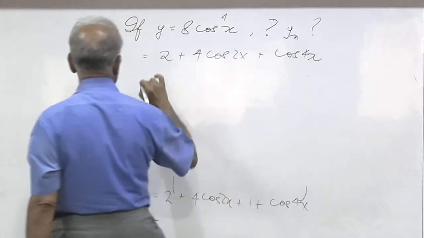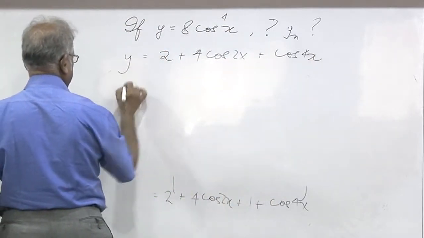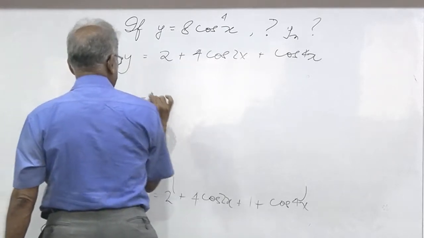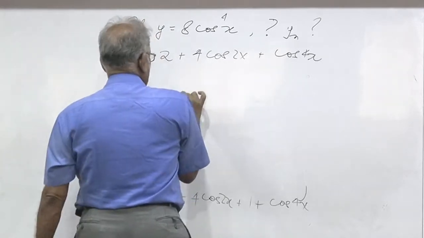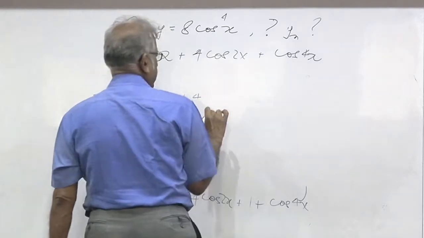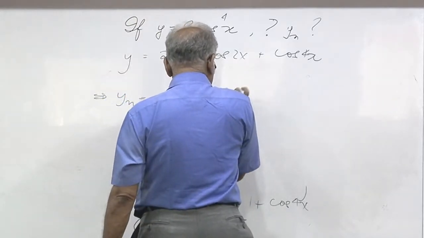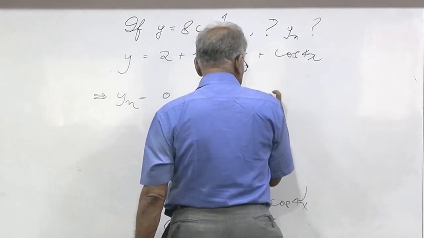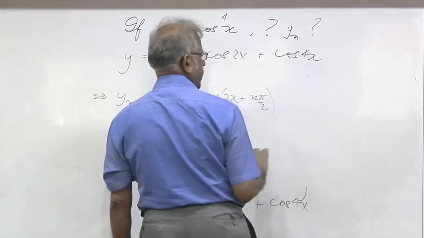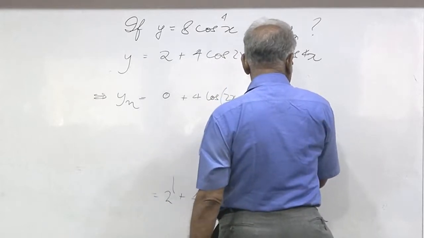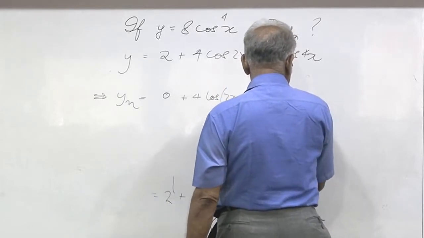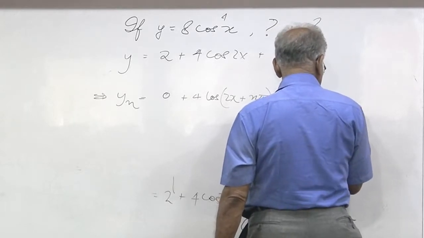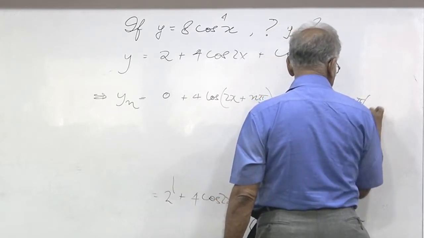And this implies, if y is equal to this much, that y sub n is equal to 0 plus 4 times cos of (2x plus n pi by 2). This is what we discussed 2 minutes back, plus cos of (4x plus n pi by 2).